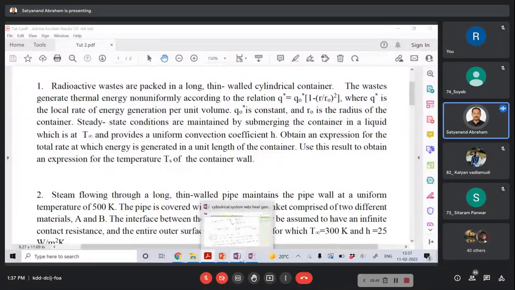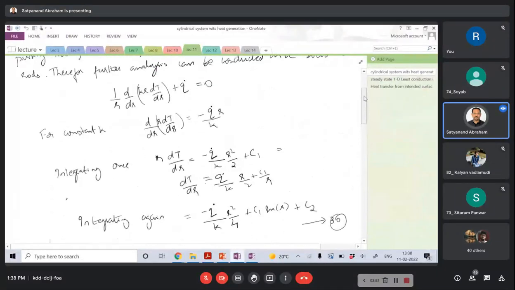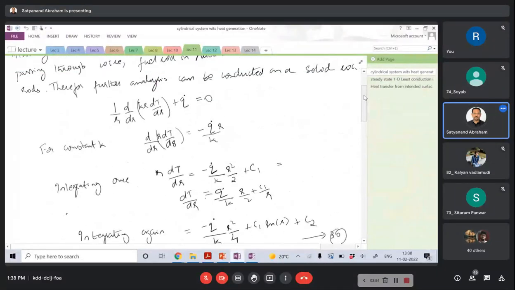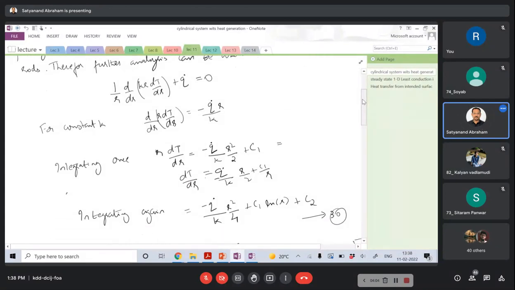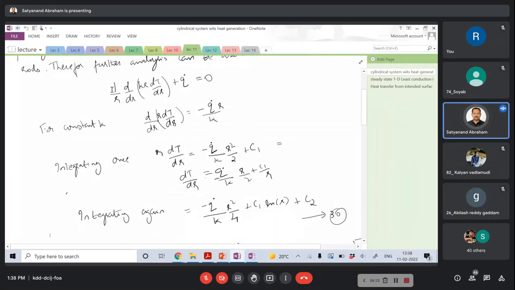Can we use the same equation, whatever we derived over here? Is the question clear to everyone?